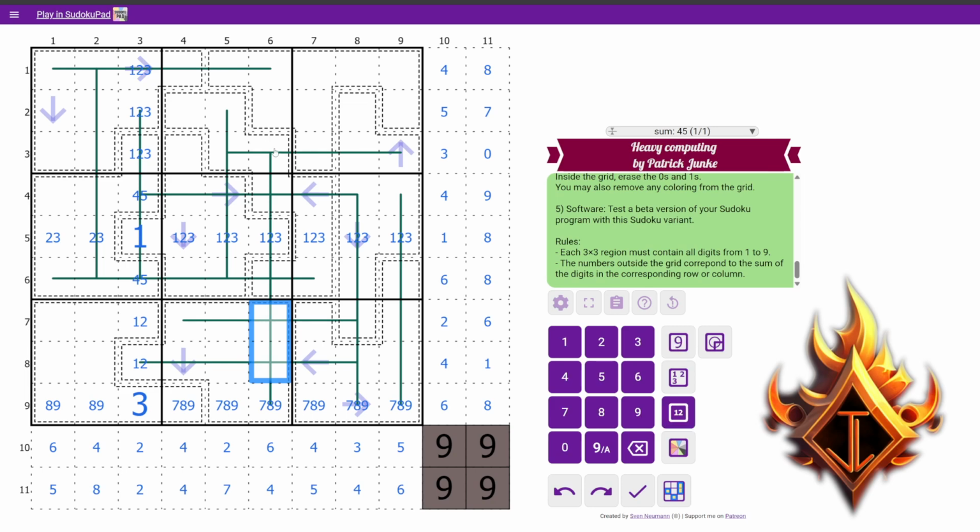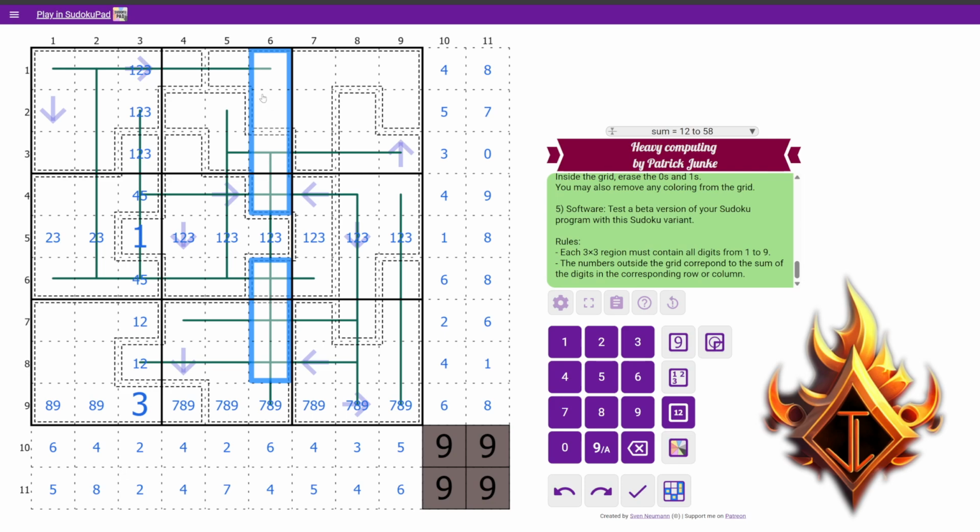So that's 11 plus 24 maximum, 35 plus 17 is 52, and then we need 12.